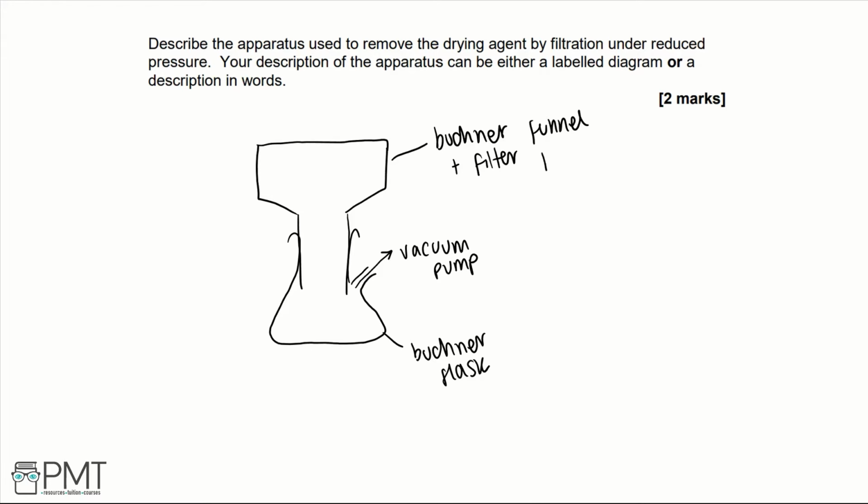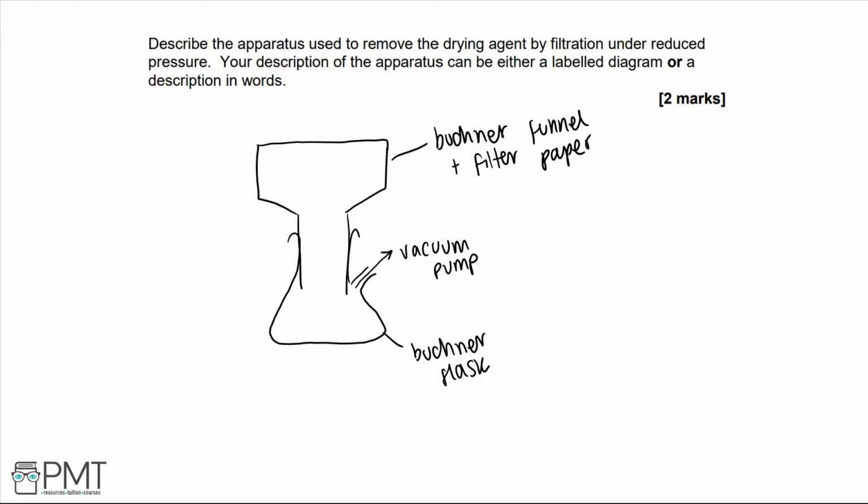Then if you wanted to talk through the apparatus rather than drawing it, you would need to talk about having a Buchner flask that is connected to a vacuum pump via its side arm, and that you have a Buchner funnel and a filter paper in your Buchner funnel, and it's an airtight seal.